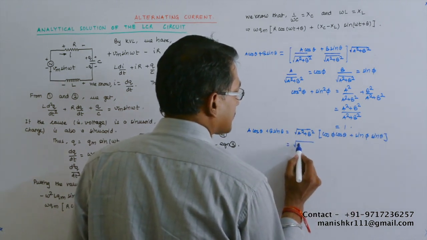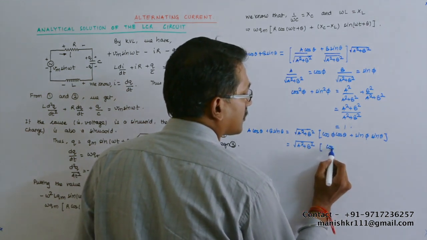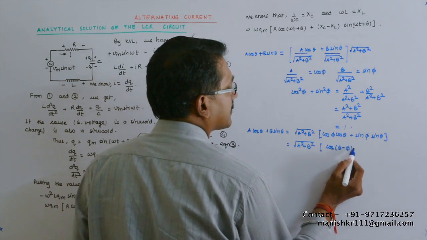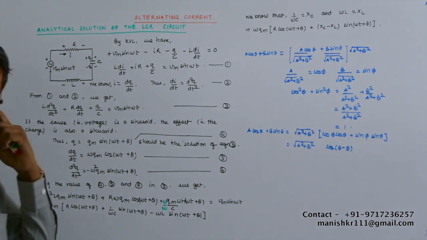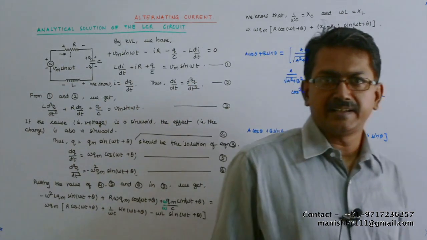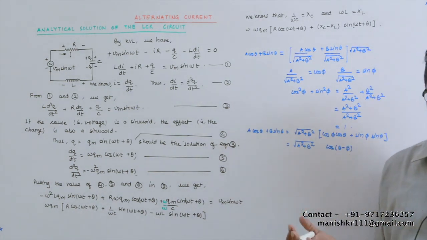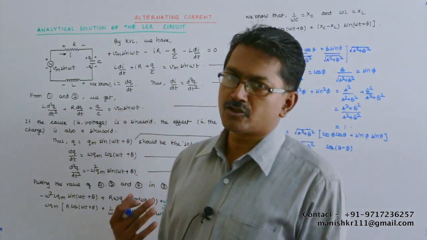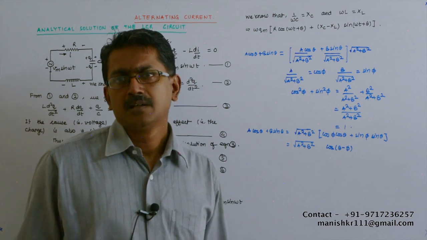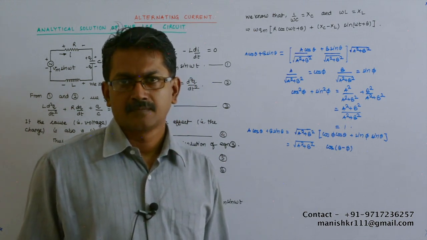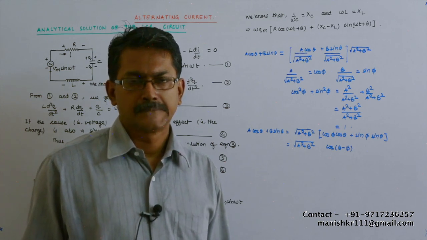So this becomes root over a square plus b square into cos of theta minus phi. You get it? So what has happened? Two similar cos and sin terms, if they are spread in an equation, when added up they actually form a sinusoidal wave or cosinusoidal. Sinusoidal and cosinusoidal are the same. Fine. We understand. Okay.